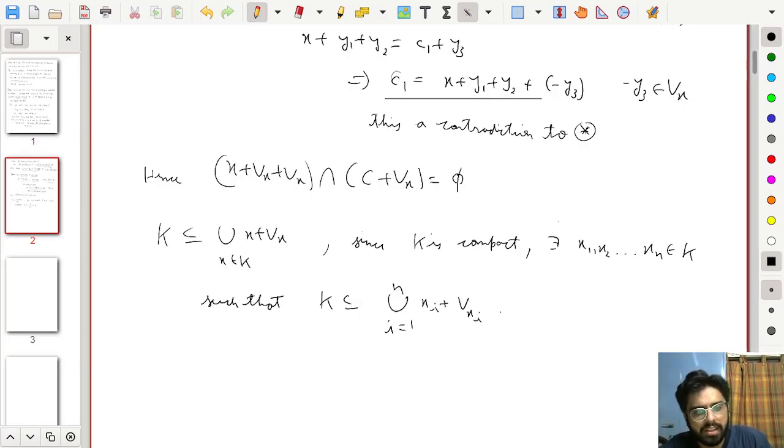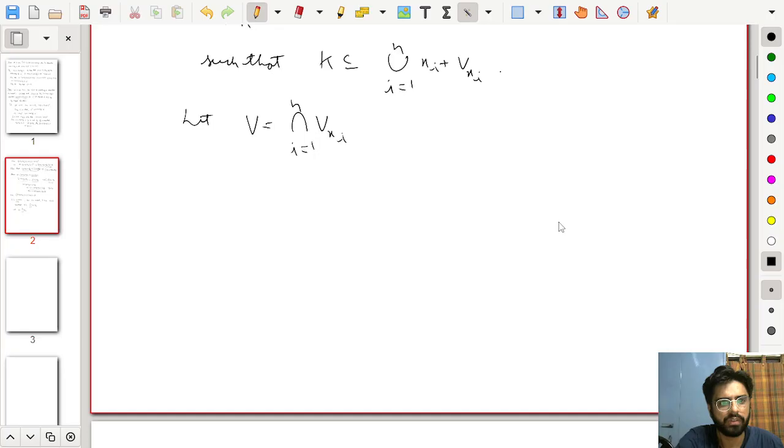Now there is a natural choice of V, so let us take V equal to the intersection of V_xi, i varying from 1 to n, right? So this is the natural choice of our open set. V is a neighborhood of 0.